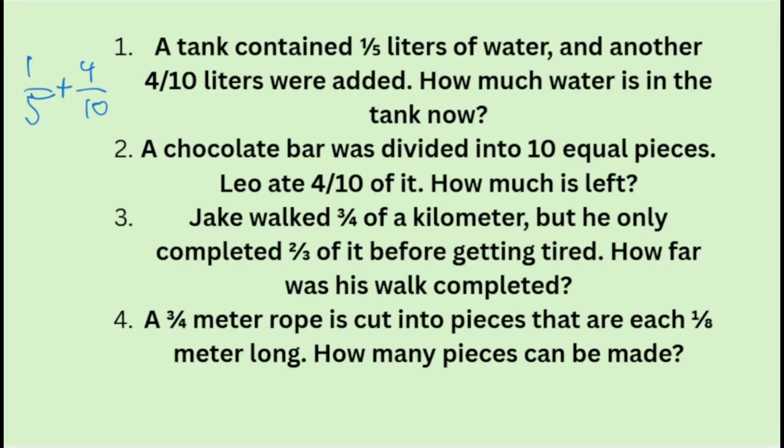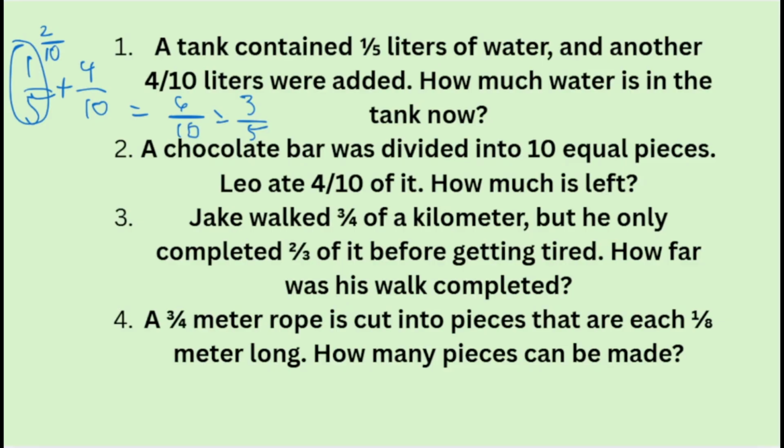So it's really just asking how much water there is in total. And here, we're gonna solve it. We're gonna multiply this by 2. It's gonna turn into 2/10, and the final answer is gonna be 6/10. But that's not really the final answer, because we still have to simplify, and it's gonna be 3/5. Okay, that's the first one.